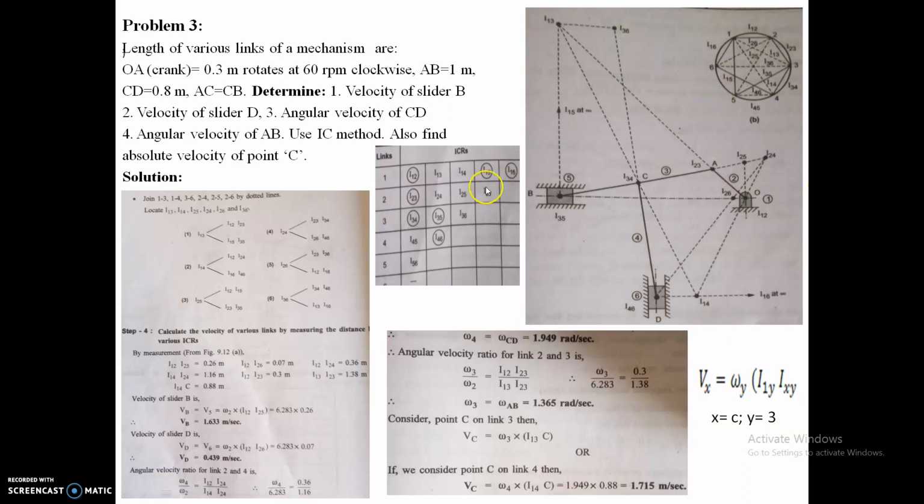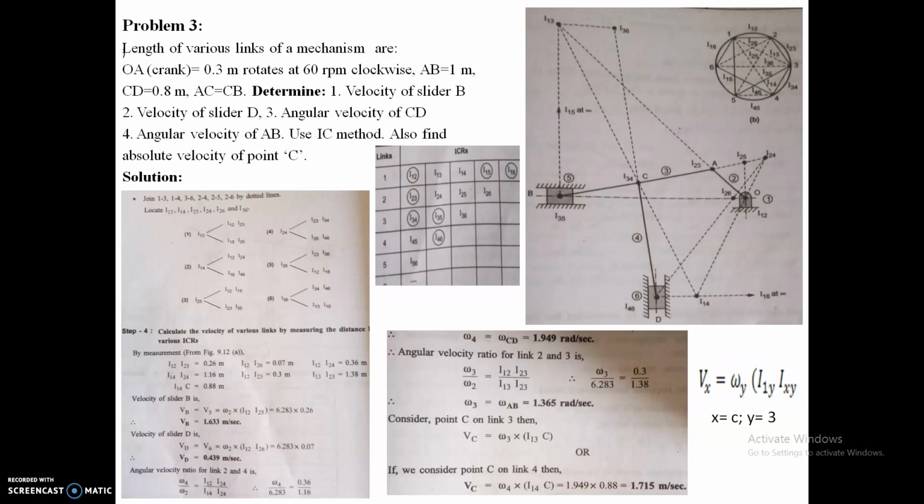Now for the remaining ICs, let us draw a small circle, and on that circle, since the number of links is 6, I have noted 1, 2, 3, 4, 5, 6. For the ICs that are clear-cut, by putting the circle on that IC, you make a dark line connecting those particular links. So I see 1, 2 is a dark line.